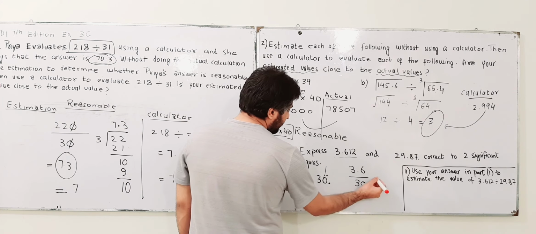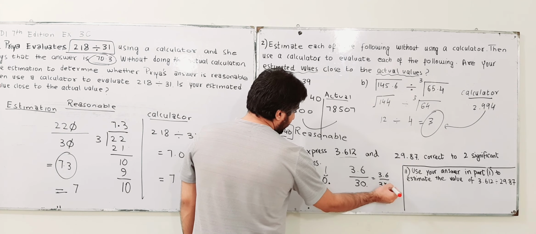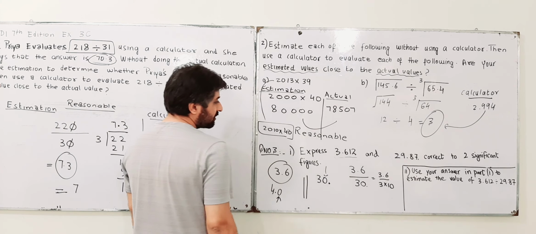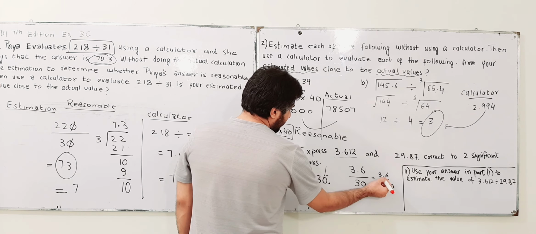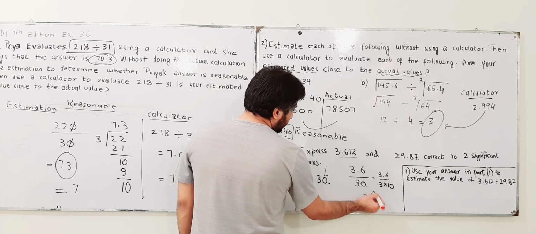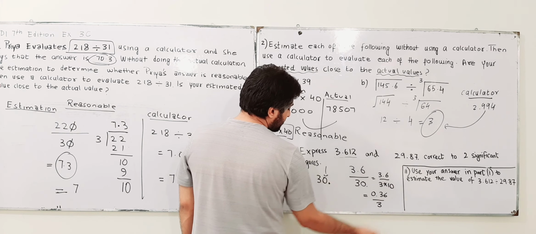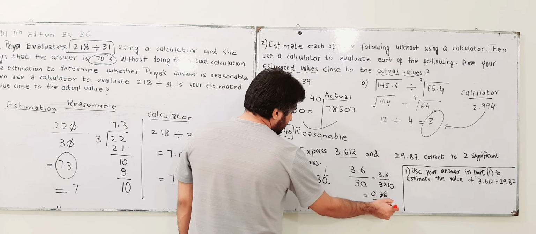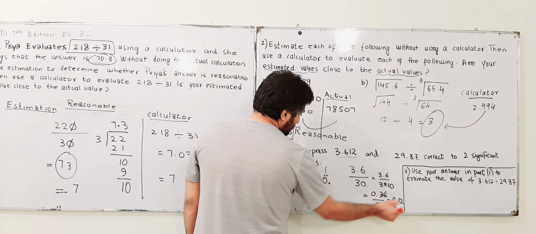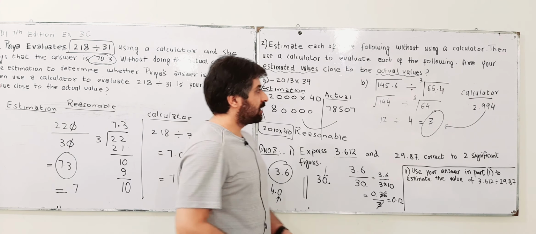I can write it as 3.6 over 3 times 10, because 3 times 10 is 30. By dividing 3.6 by 10, you get 0.36 over 3. Cancel them, and your answer will be 0.12. 3 ones are 3, 3 twos are 6. So 0.12 is the possible answer for this one.